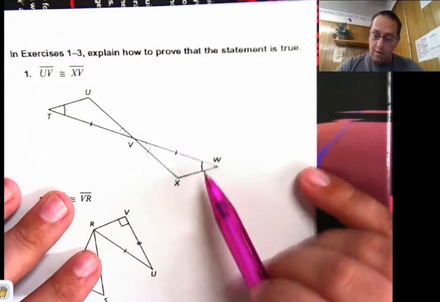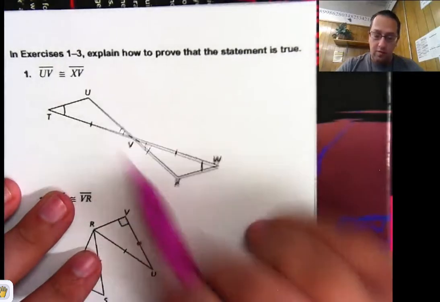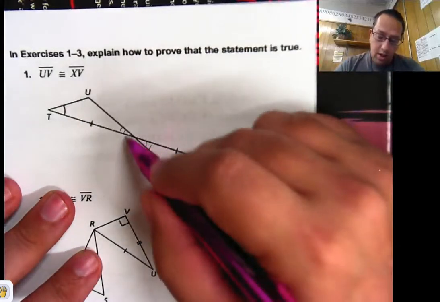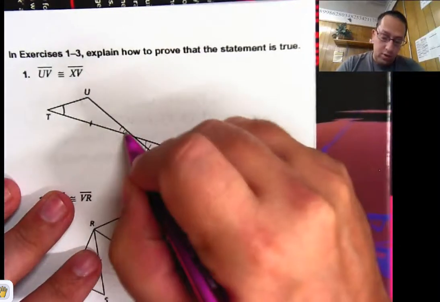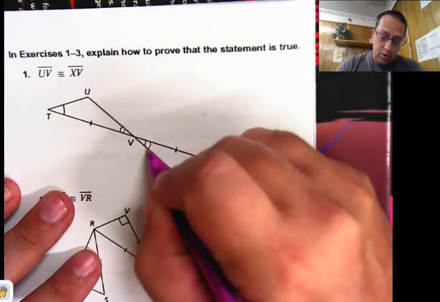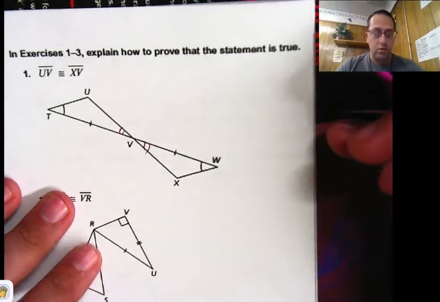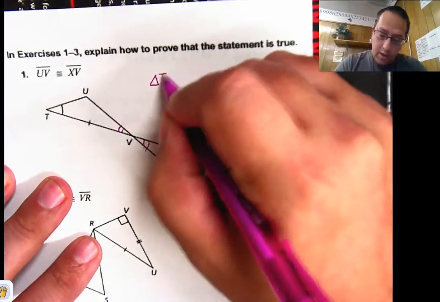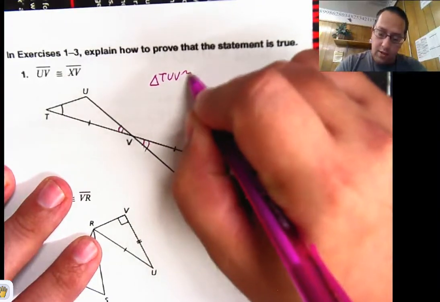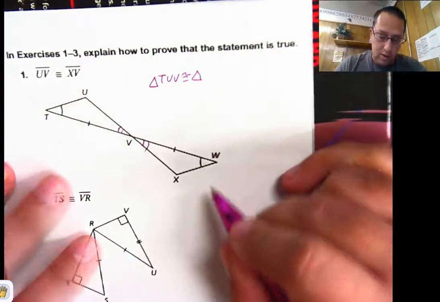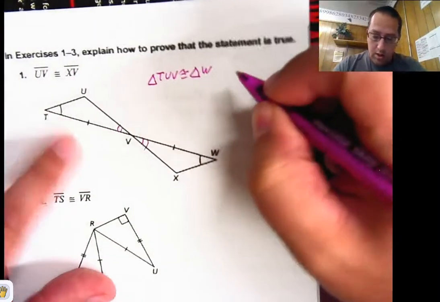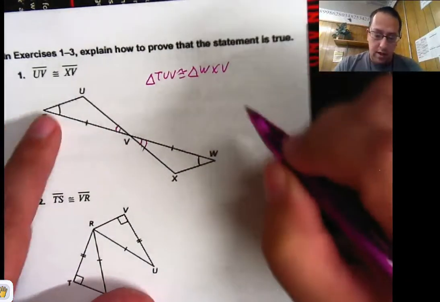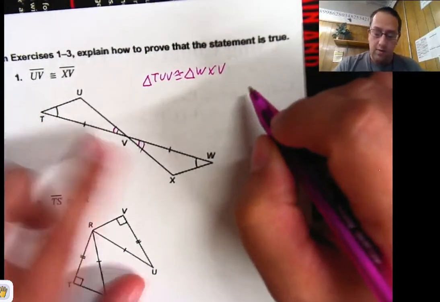Well, they have marked one set of angles, they have marked one set of sides. We need a third thing, and apparently I already marked on this one. This angle here, these are vertical angles, so we know that these are also congruent, and so that means our two triangles are congruent. So I'm going to put that over here. We're going to say that triangle TUV is congruent to triangle, let's see, T goes with W, U goes with X, and V goes with V. By the, let's see, this would be angle side angle.